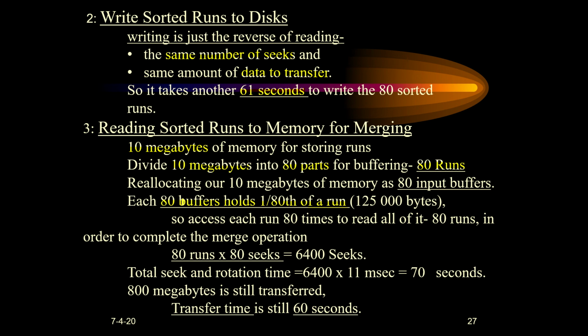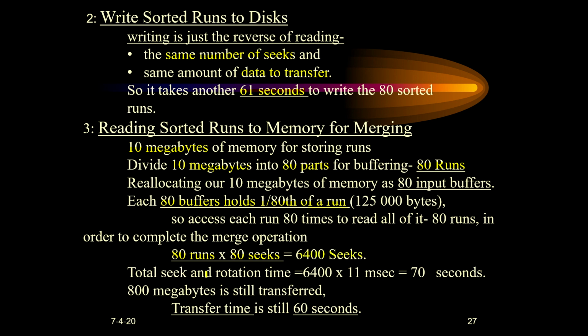That is why the seek calculation is for 80 runs, 80 runs times 80. For completing one run, we need to read it 80 times because it holds only 1/80th of the data. So the total is 6,400 seeks.